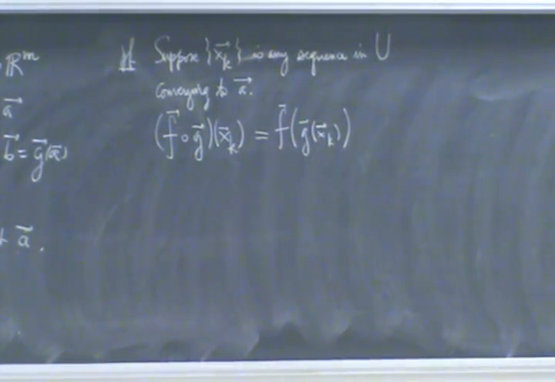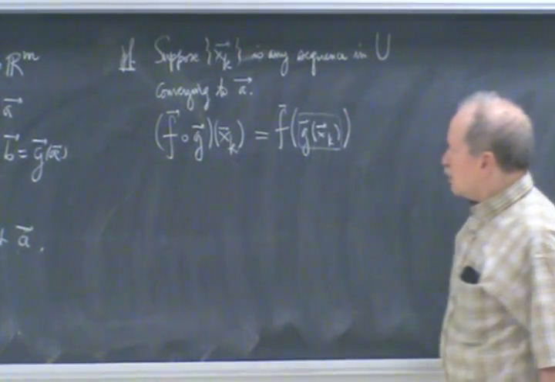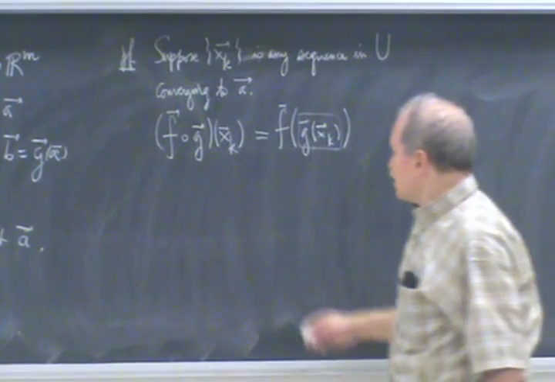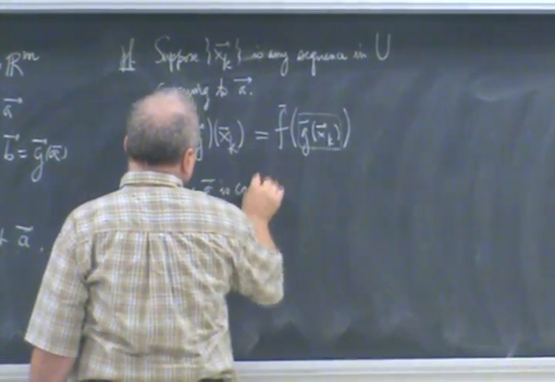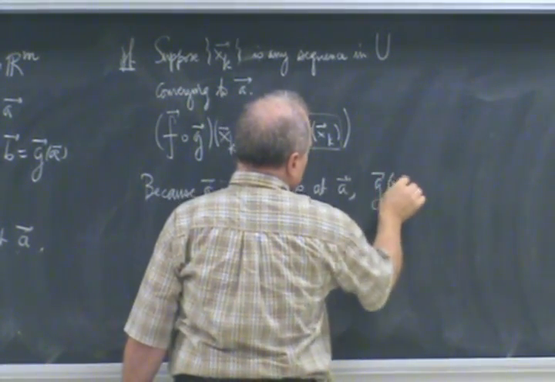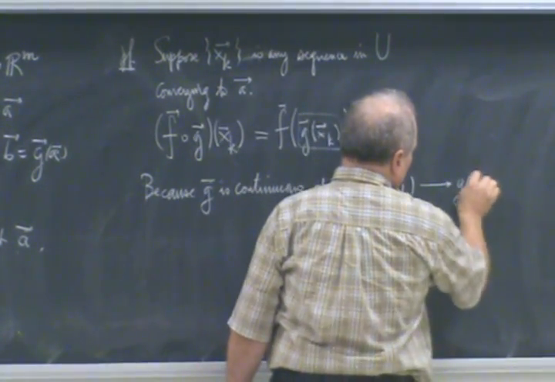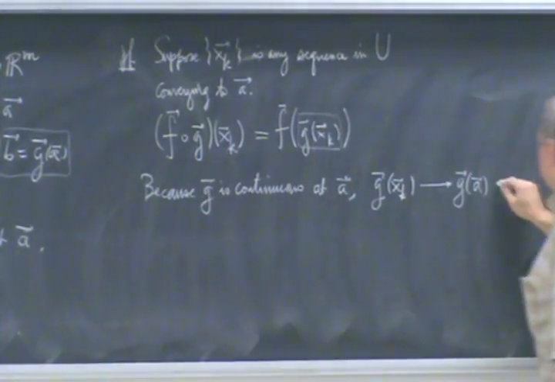What happens as k goes to infinity? x_k goes to A, but where does g of x_k go? Because g is continuous at A, g of x_k converges to g of A. And g of A was otherwise called B.